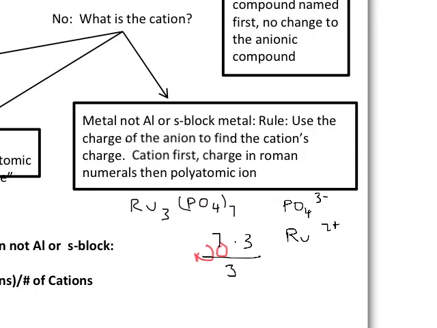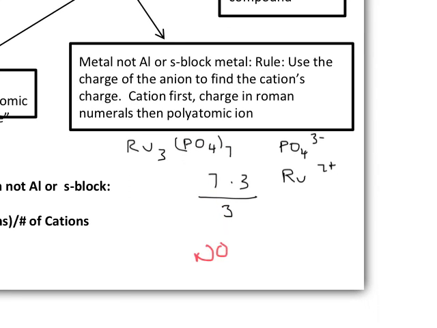So I'm going to name this compound ruthenium 7 phosphate.